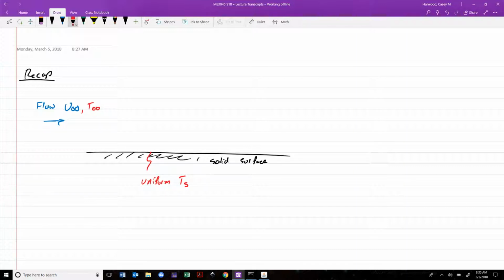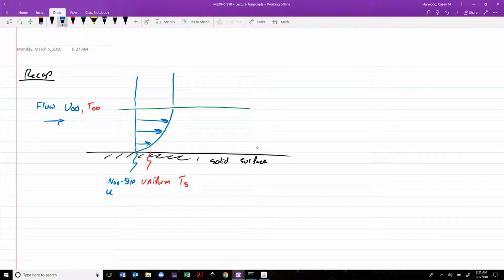And the idea is we have between this free stream, as we would call these quantities with the infinity subscripts, and the quantities at the surface, we end up with this small region of flow where the velocity goes between this no-slip condition at the surface, where u is equal to 0, and transitions from that to this uniform free stream velocity of u infinity.